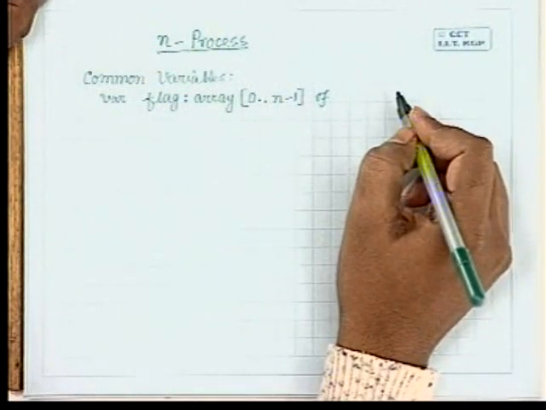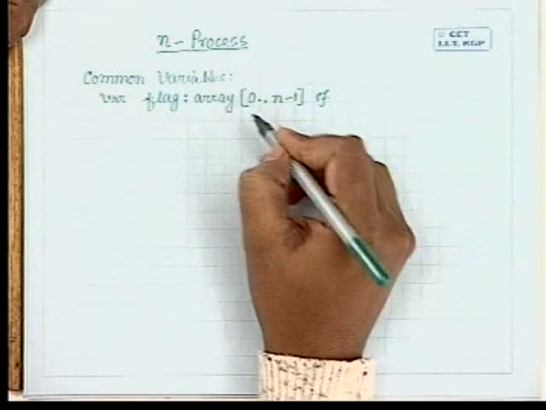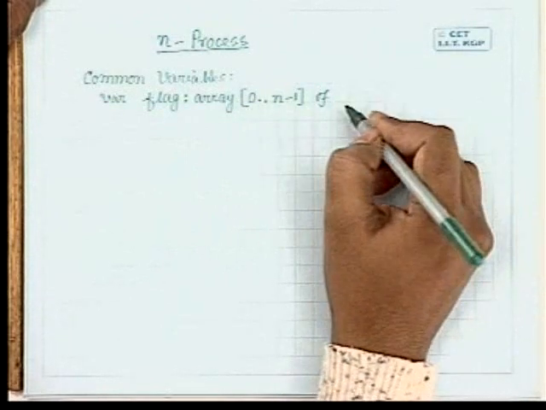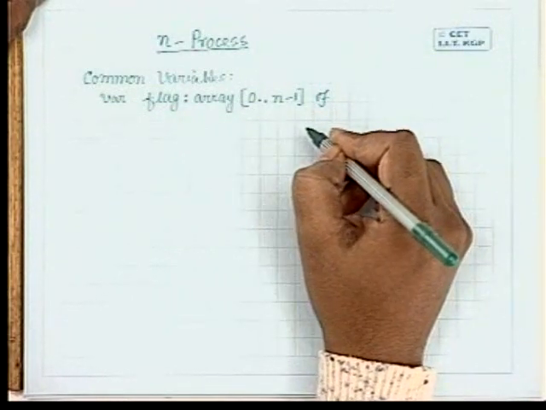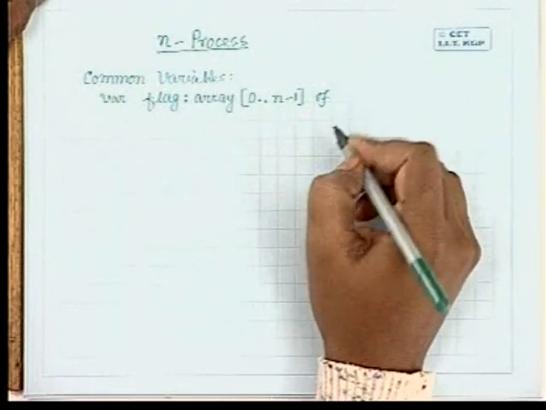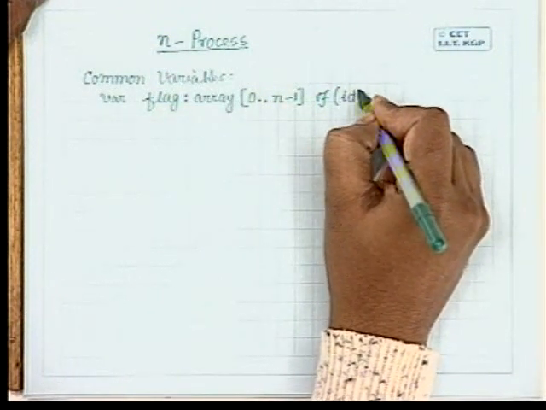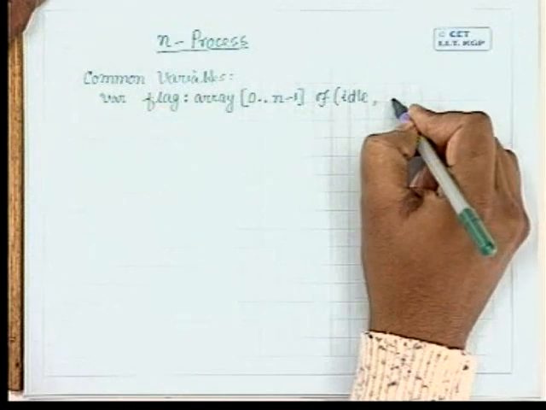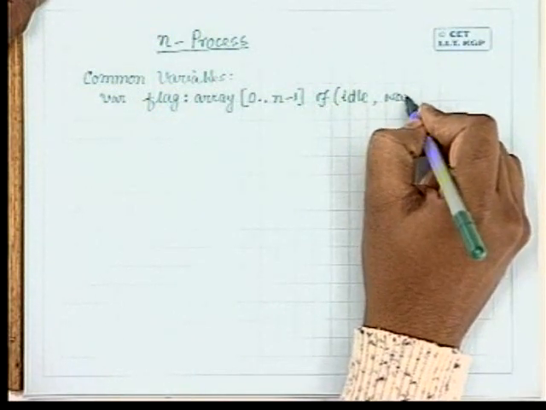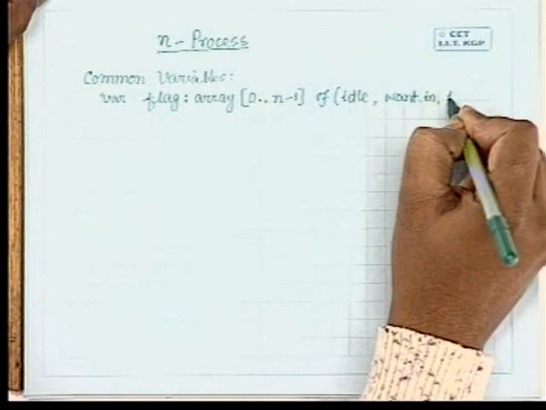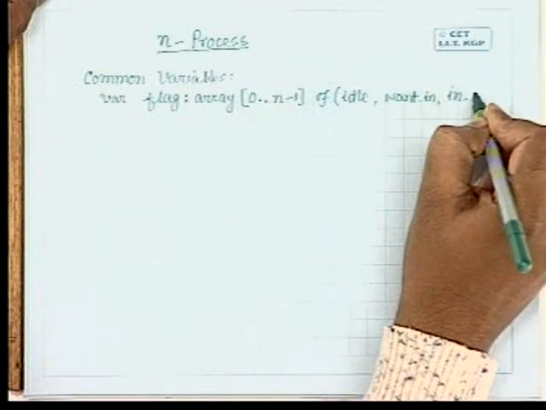In the previous case we had assumed that any element can assume only two values, either true or false, but in this case we will assume that an array element can assume one of three values: idle, wanting, or in CS.